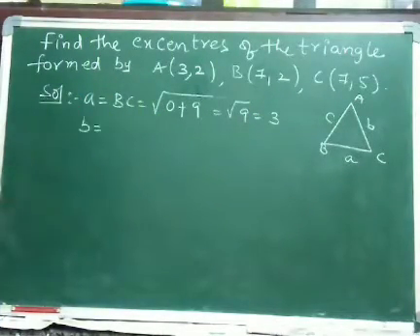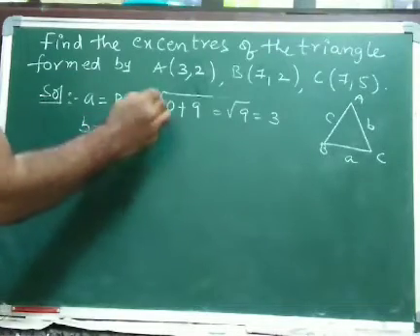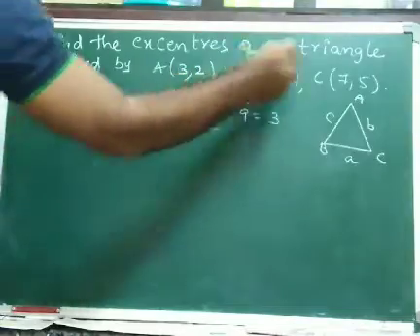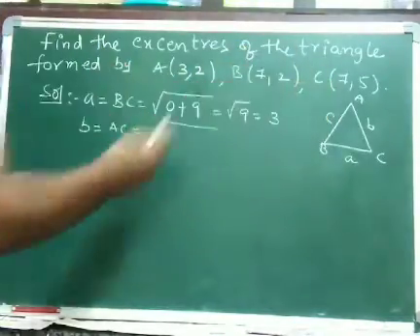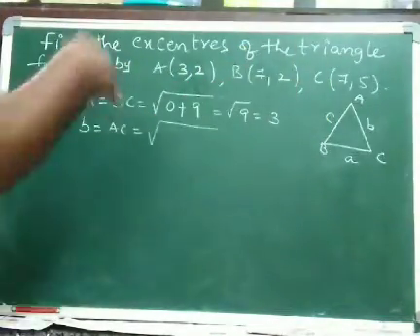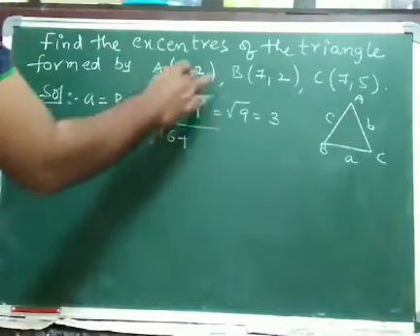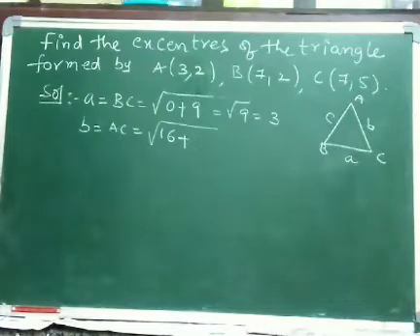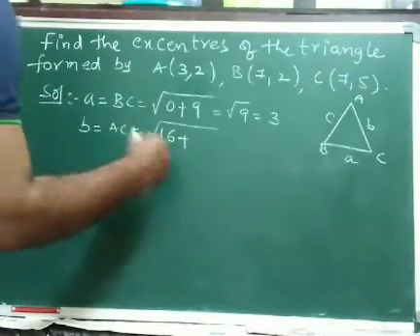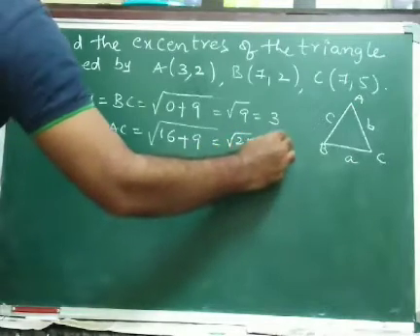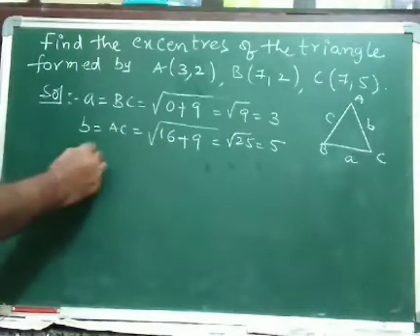Let us find small b, which is the distance between A and C. So (3 minus 7), which is minus 4, whole square becomes 16, plus (2 minus 5), which is minus 3, and the square of minus 3 is 9. So the square root of 25 equals 5.